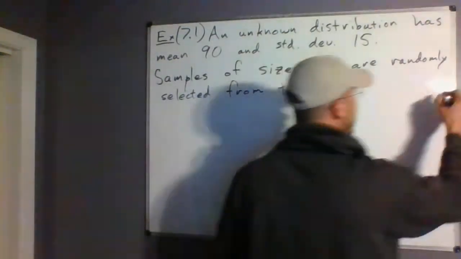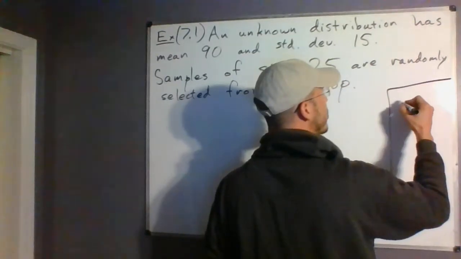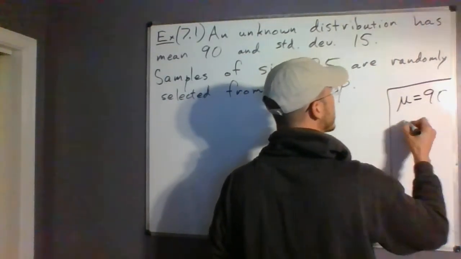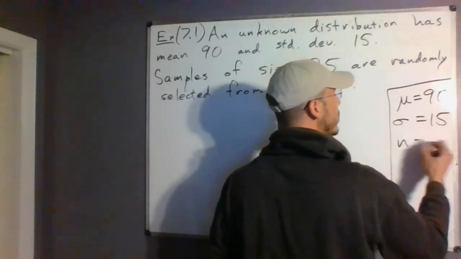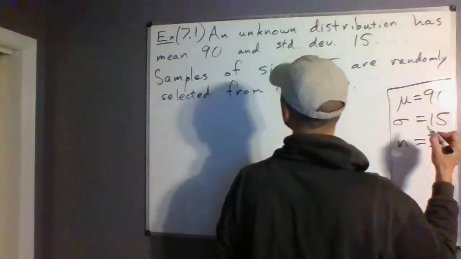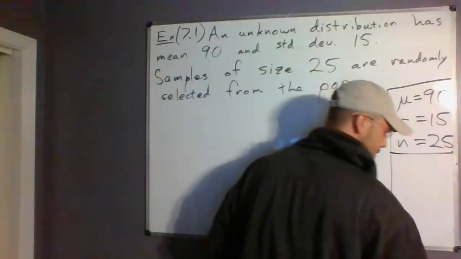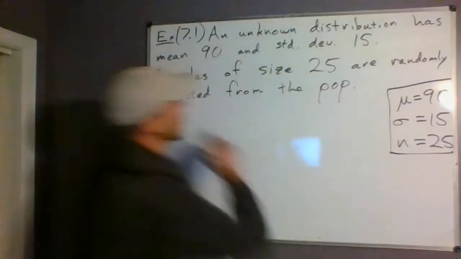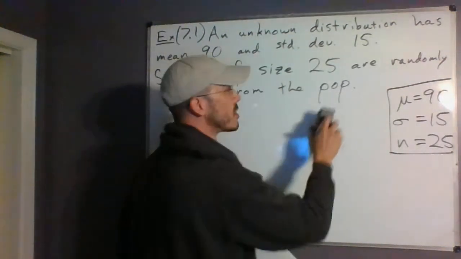Let's put them over here so I can use this space. There's 3 of them that are important. First of all, the mean is 90. The standard deviation is 15. And little n is 25. Yeah, size 25. That's it. So I'm going to get rid of the verbal part of the question so that I can write down the calculations for this.